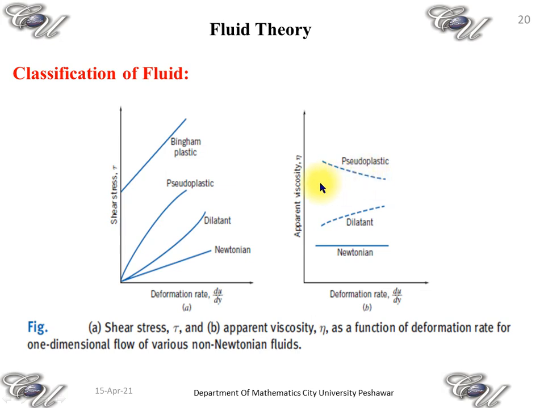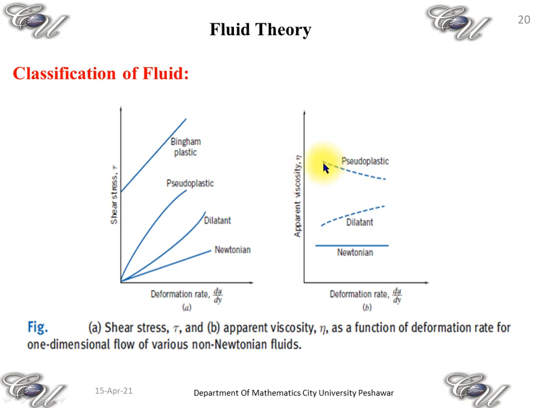So there are some fluids, when we apply the stresses, okay, this is the absolute viscosity, sorry, and this is the deformation. With the deformation, look at this position, this is viscosity with this deformation. As the deformation increases, its viscosity decreases.